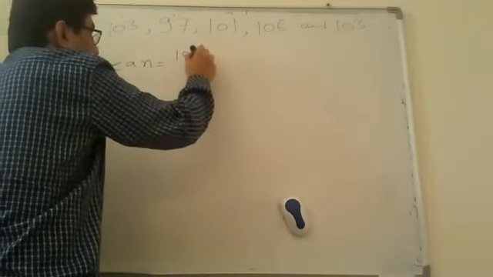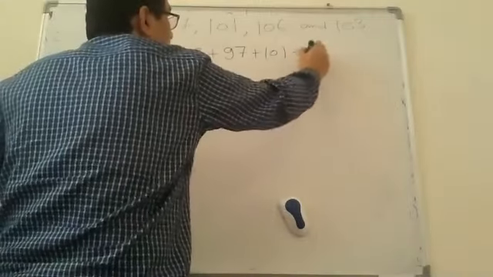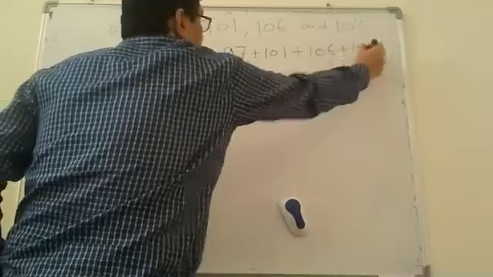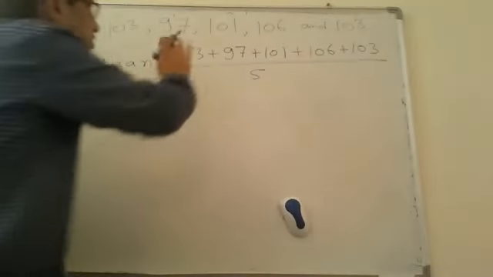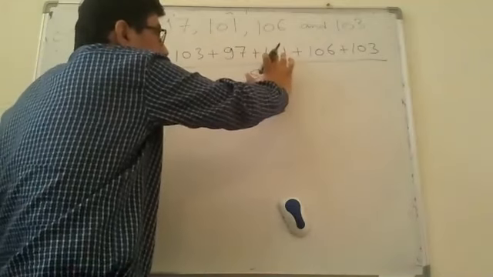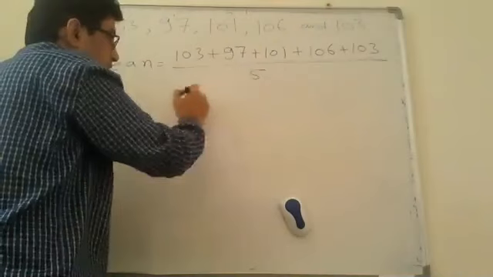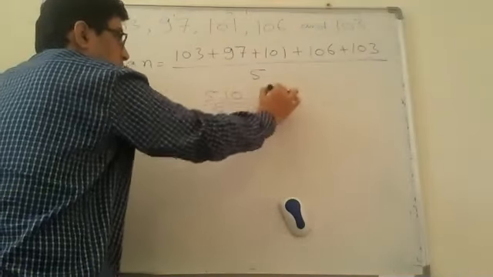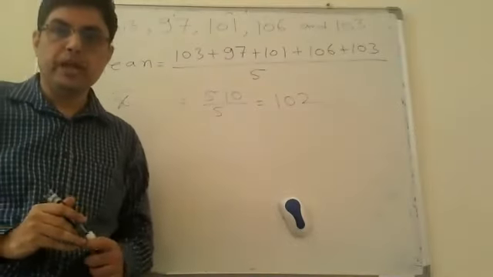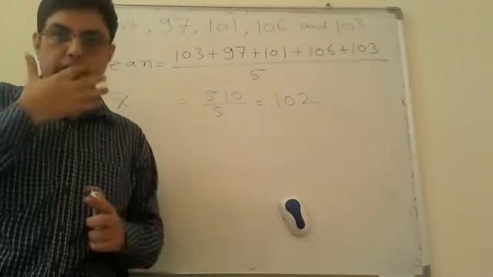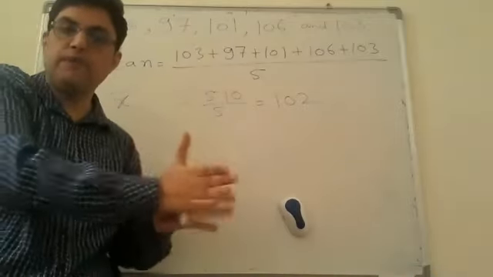The total: 103 plus 97 is 200, plus 101 is 301, plus 106 is 407, plus 103 is 510. 510 divided by 5 is 102. So the mean is 102. It means we have to check how far the data is from 102.